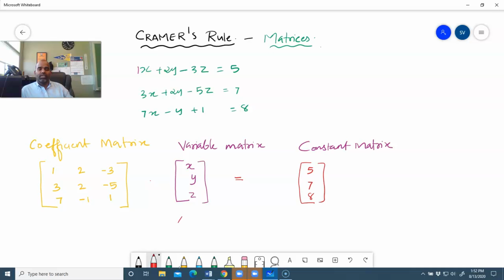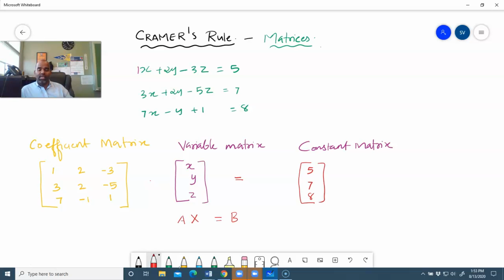Consider the coefficient matrix as A, the variable matrix as x, and the constant matrix as B. Basically our objective is to solve this system, that means find the values of the variables. So how can we find that? AX is equal to B.